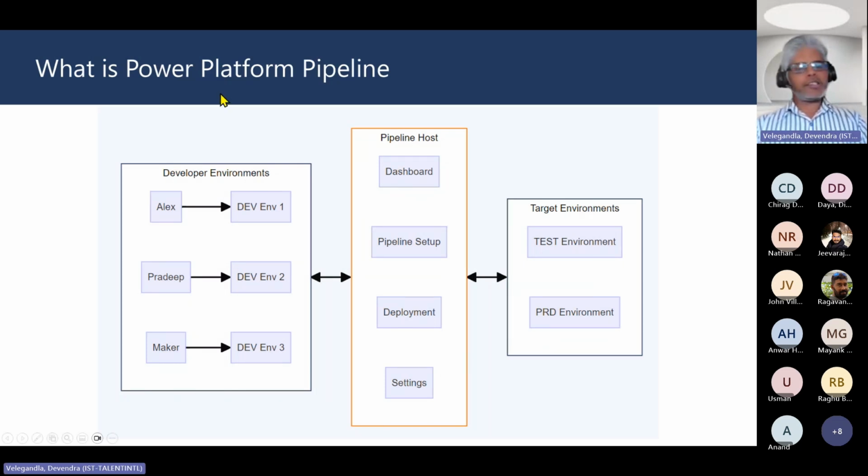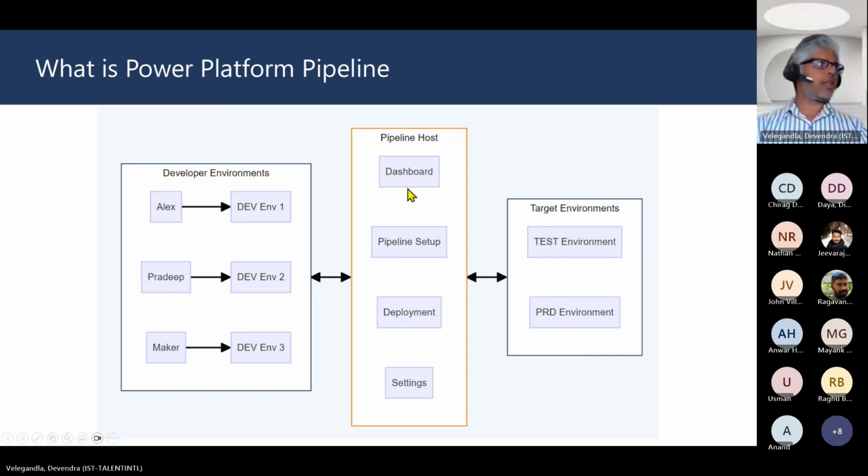So how does it work? Technically, with Power Platform pipelines, you have a set of developer environments, maybe different users building solutions, each with their own developer environments, and then you can deploy the solutions to the target environments. It could be just one environment or multiple environments, depending on the use case.